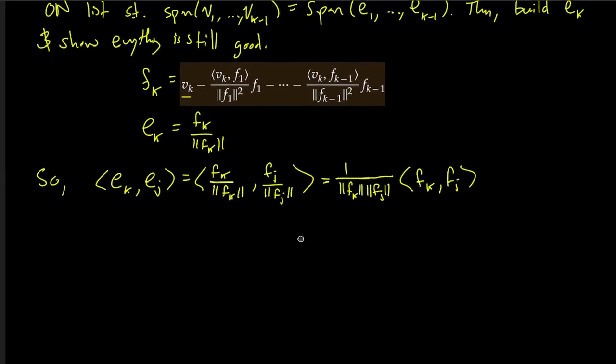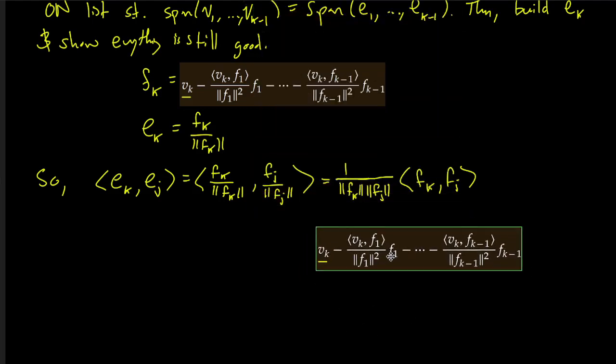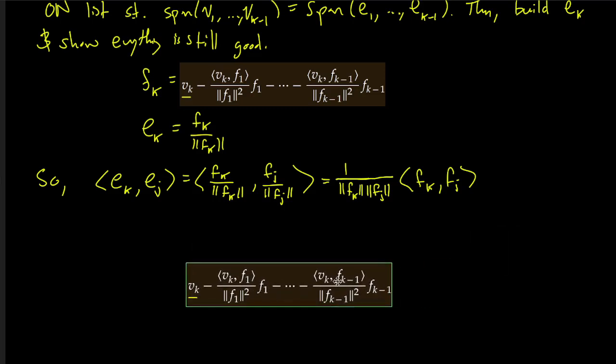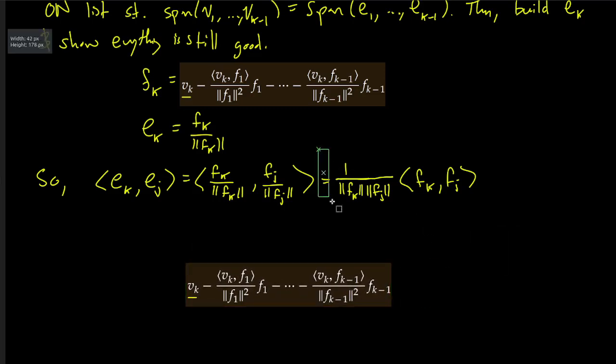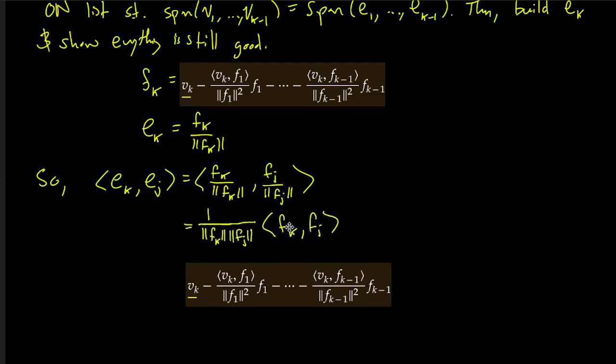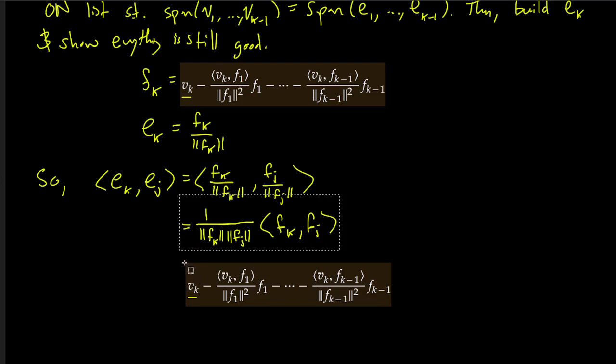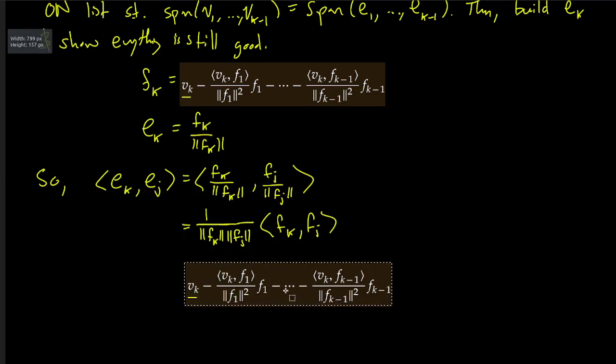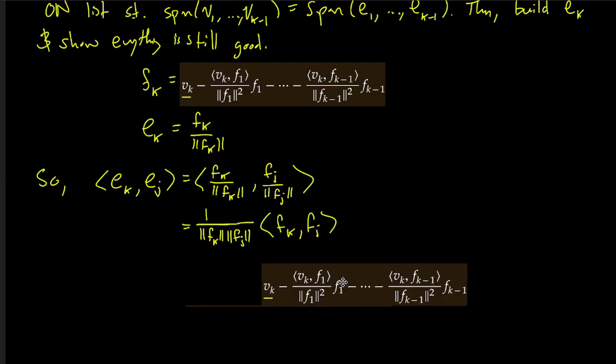All I have to do now is write out what FK is. So I'll just write out what FK is yet again. Just for convenience, I'll take this piece here and move it over. Then, going back down here, I will take this piece and move it over as well, just a little bit.